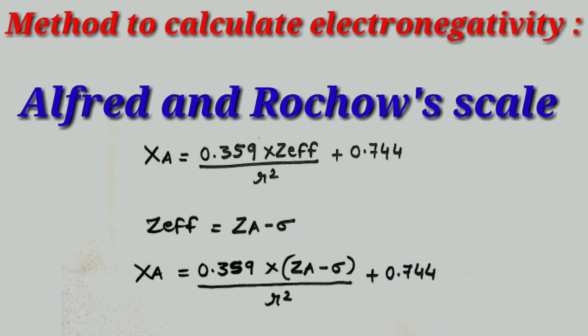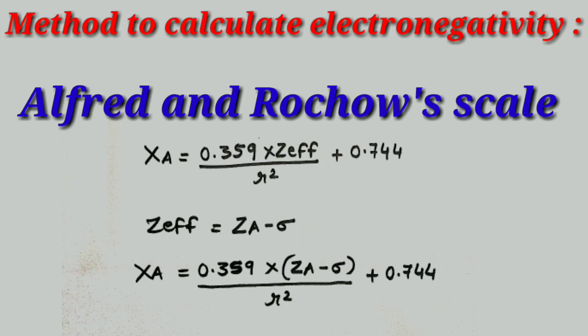So we know that Z effective is equal to Za minus the shielding constant. Za is the atomic number. So students, with the help of this equation, we can calculate the electronegativity. So they put forward the following formula.